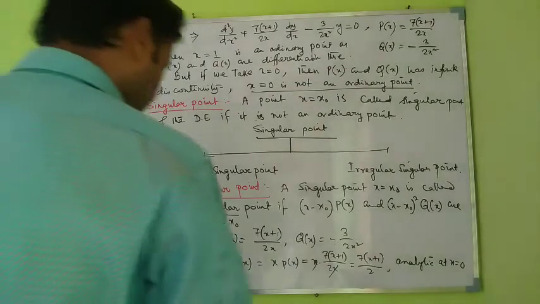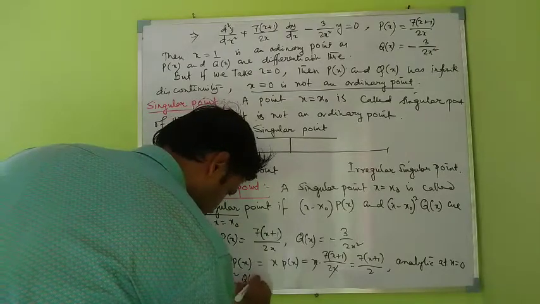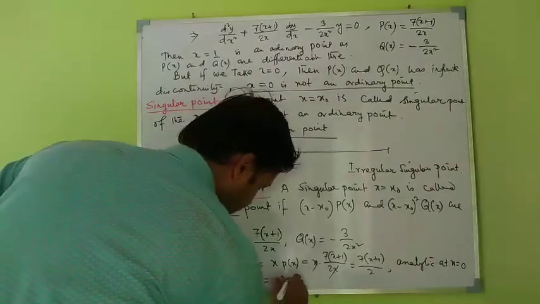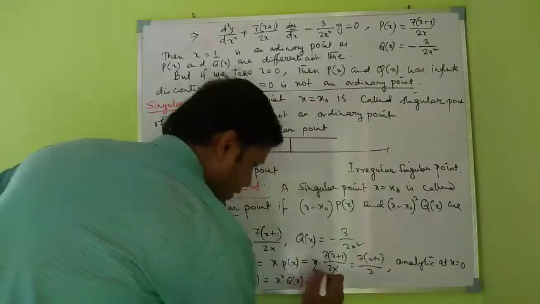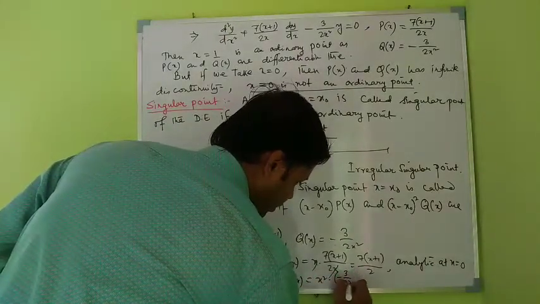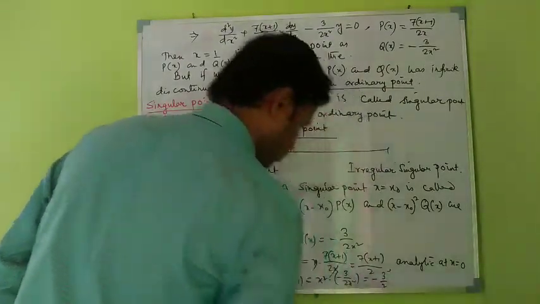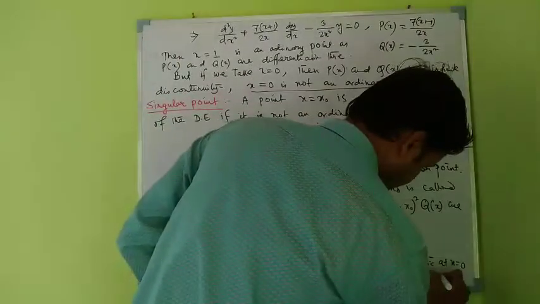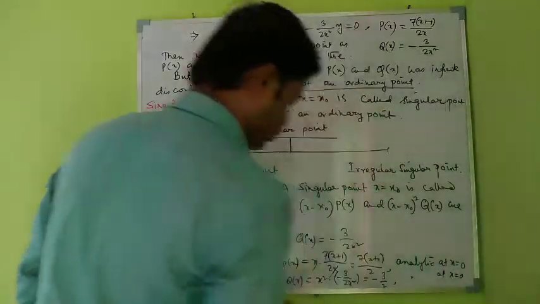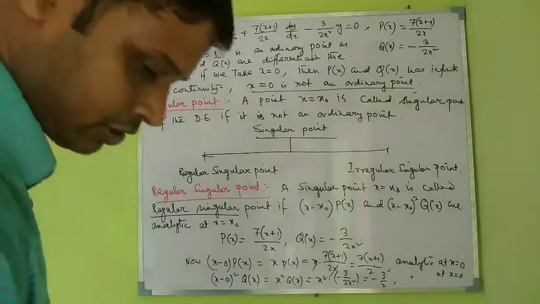And (x minus 0) whole square into q(x) is x square into minus 3 by 2x square, this is minus 3 by 2, analytic at x is equal to 0. So x is equal to 0 is a regular singular point.